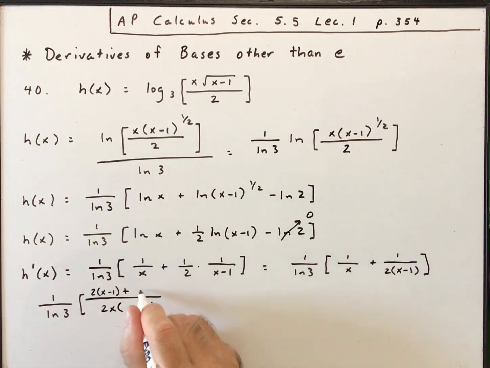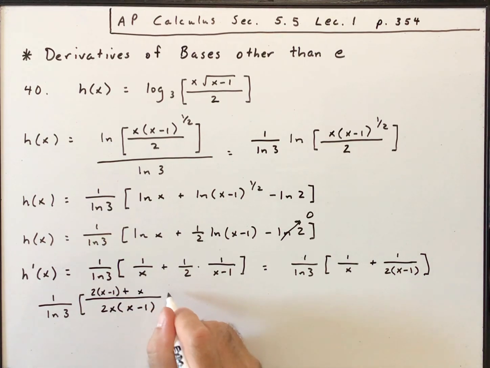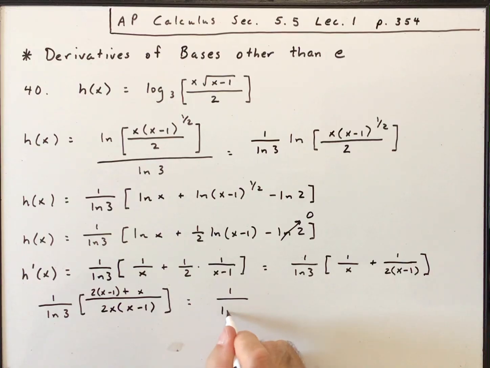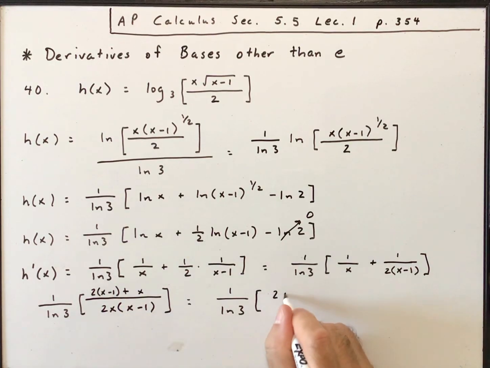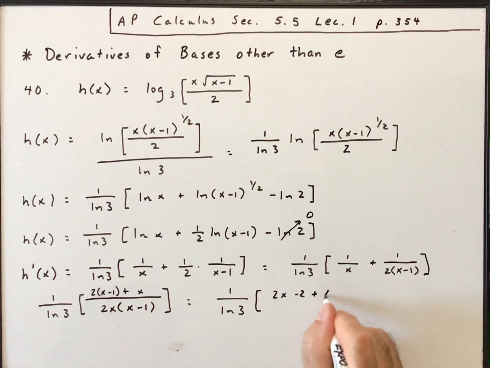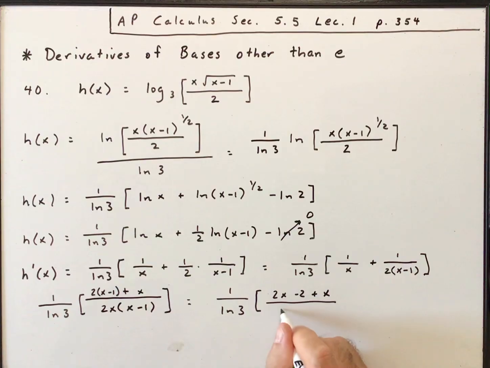So we do this cross multiplying here, and then we have 2x minus 2 plus x over 2x times (x minus 1).